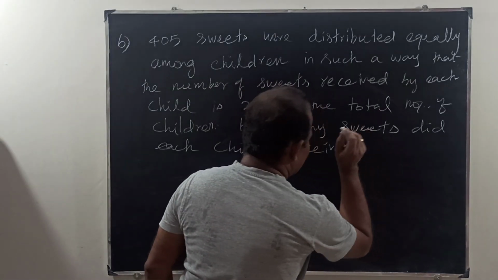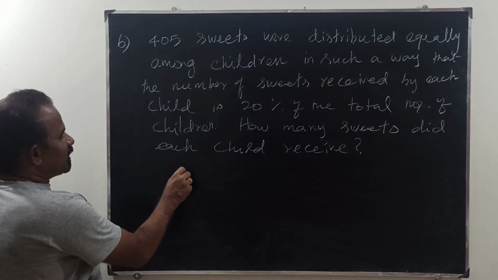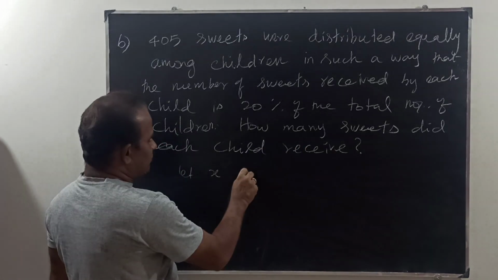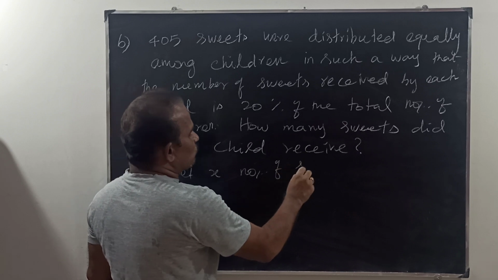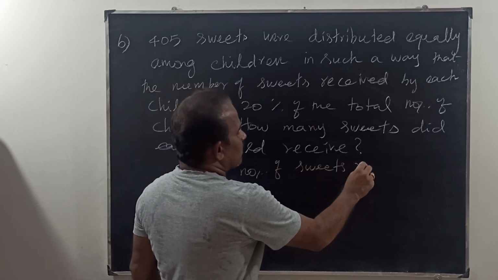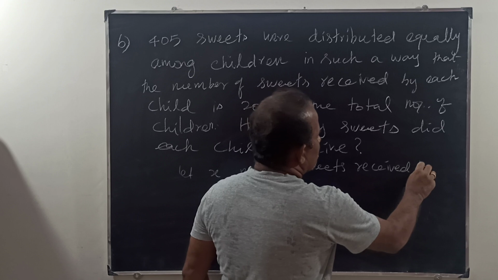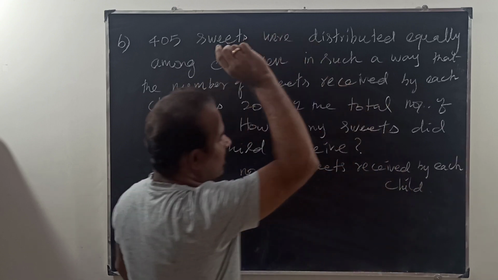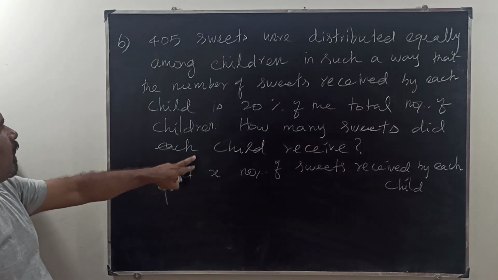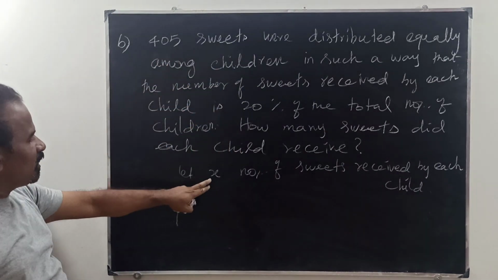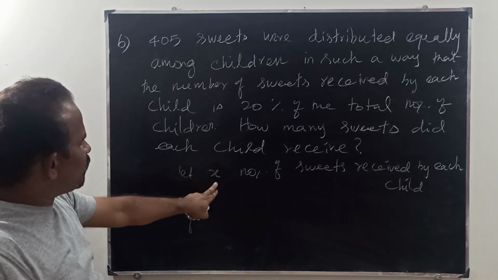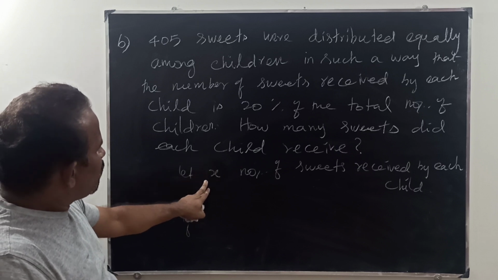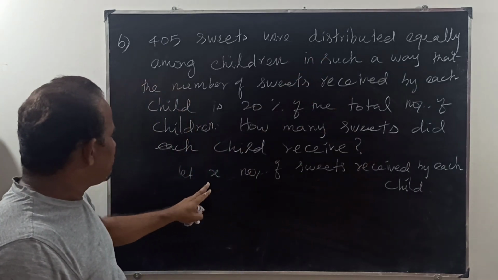So therefore this is a very simple concept. Let x be the number of sweets received by each child. Here there are 405 sweets in total. So x number of sweets are distributed to each child.